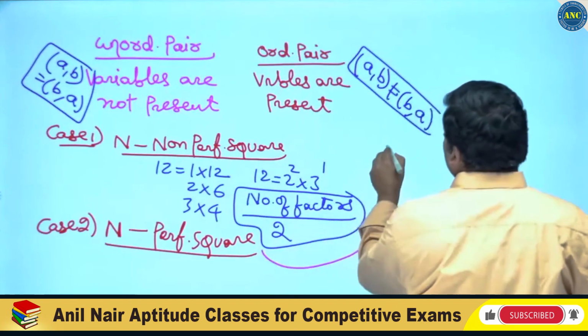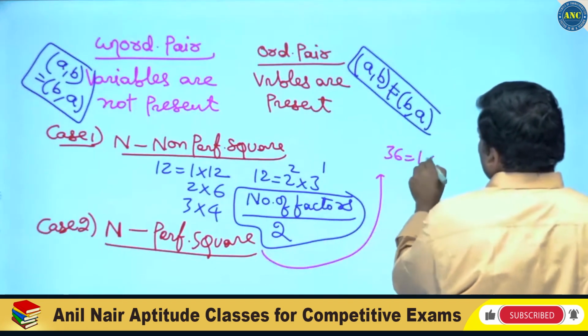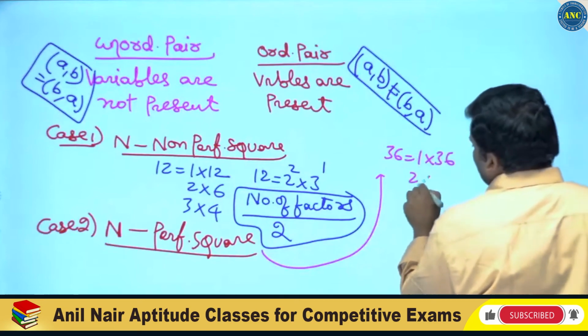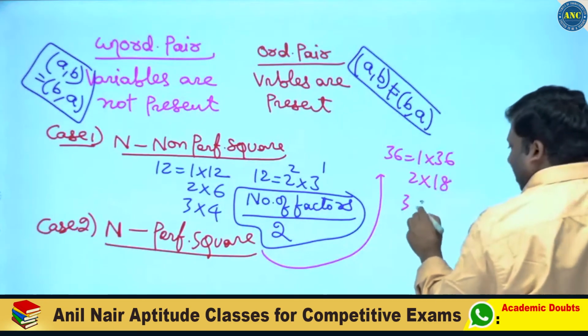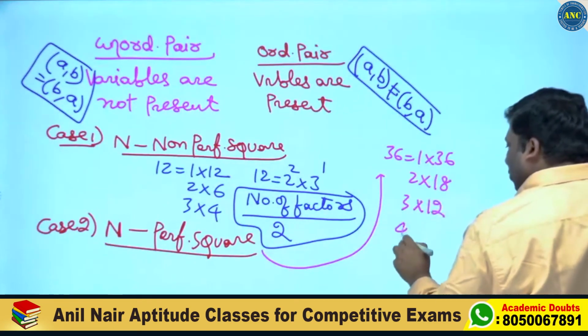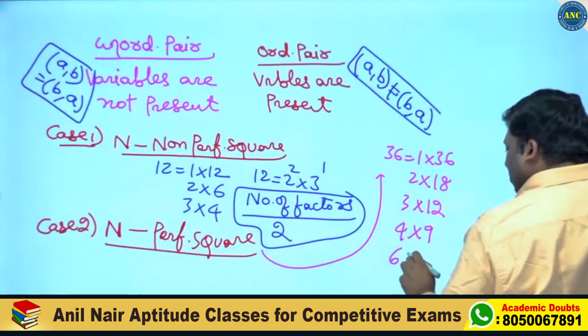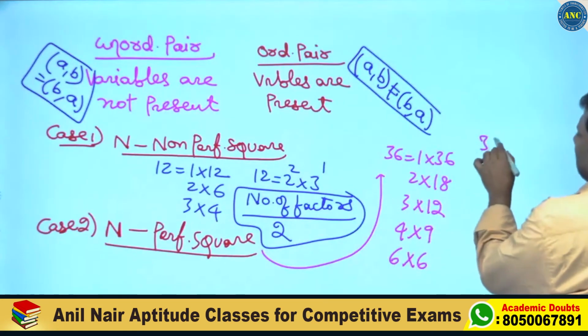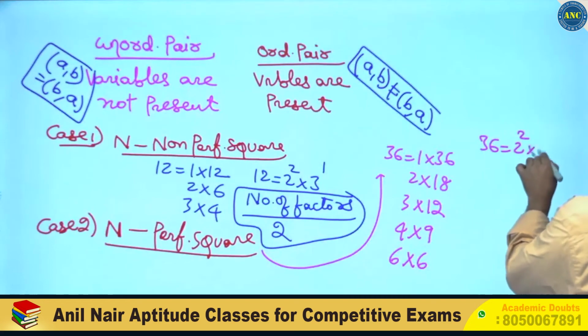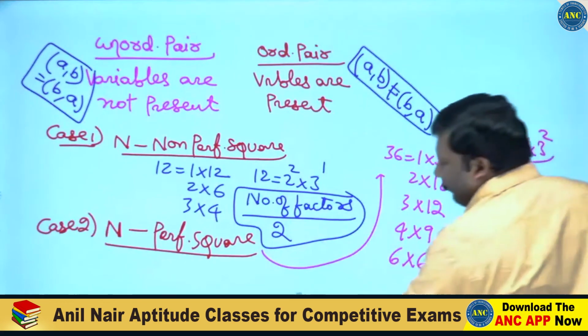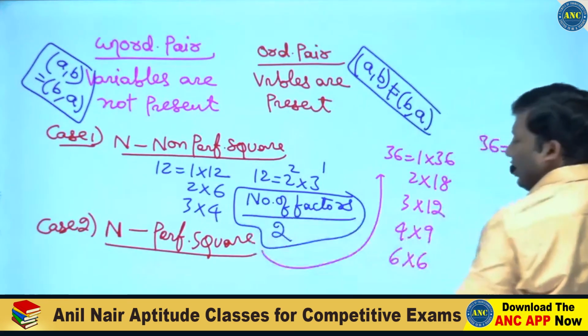If it is a perfect square, 36: 1 into 36, 2 into 18, 3 into 12, 4 into 9, and 6 into 6. 36 is 2 square into 3 square. Totally how many factors we got? 3 3s are 9.